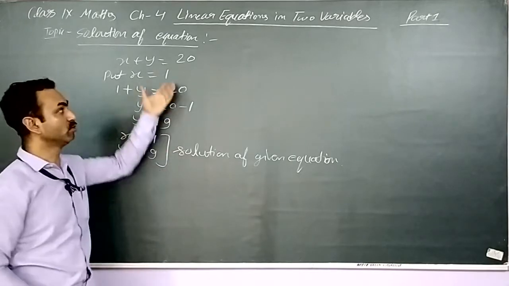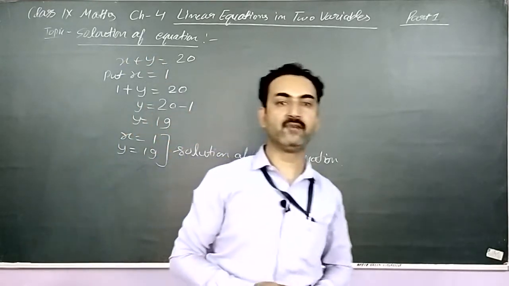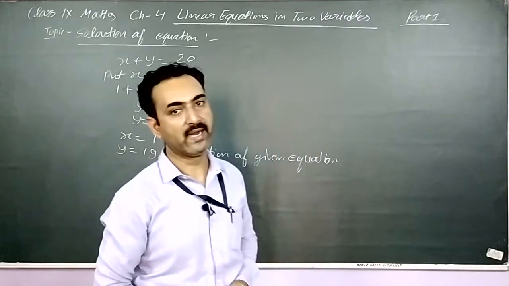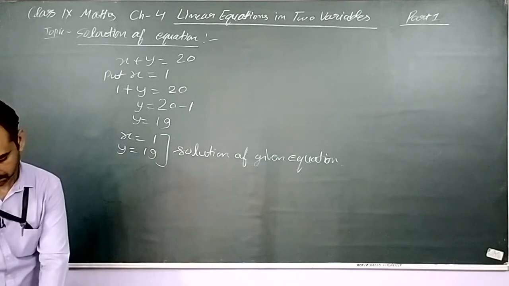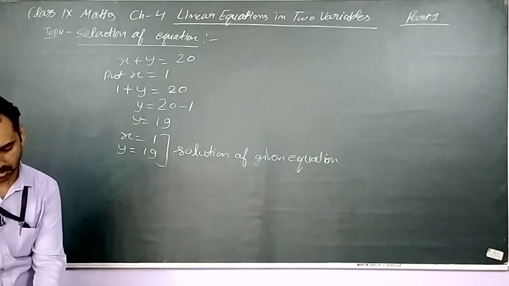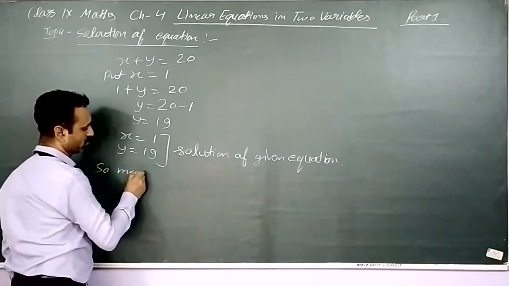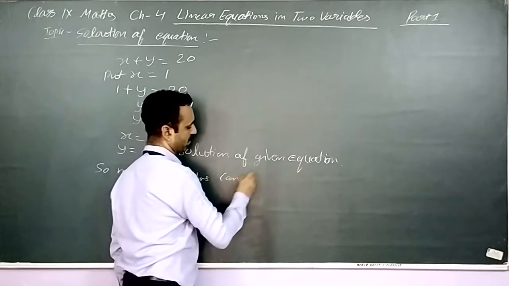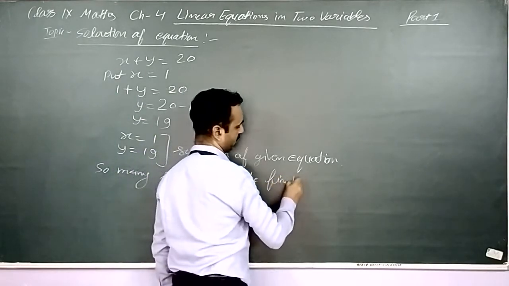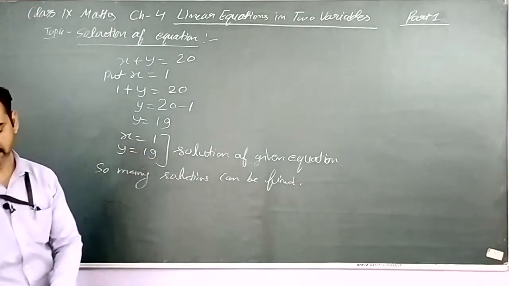To find the solution of linear equation in two variable, you have to put the value of one variable, and find the other variable. So remember, you can find so many solutions for linear equation in two variable.